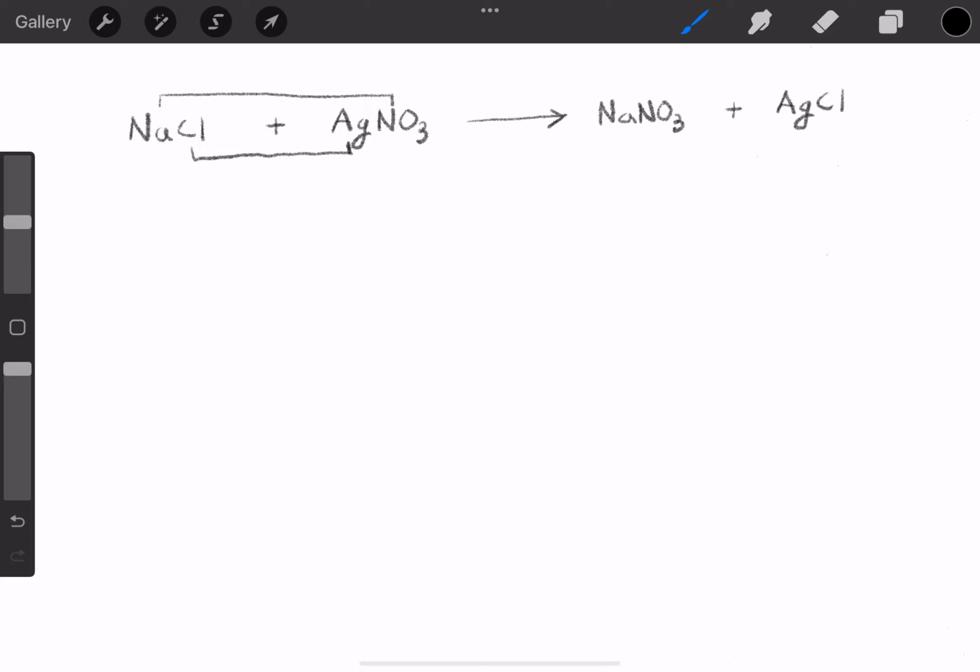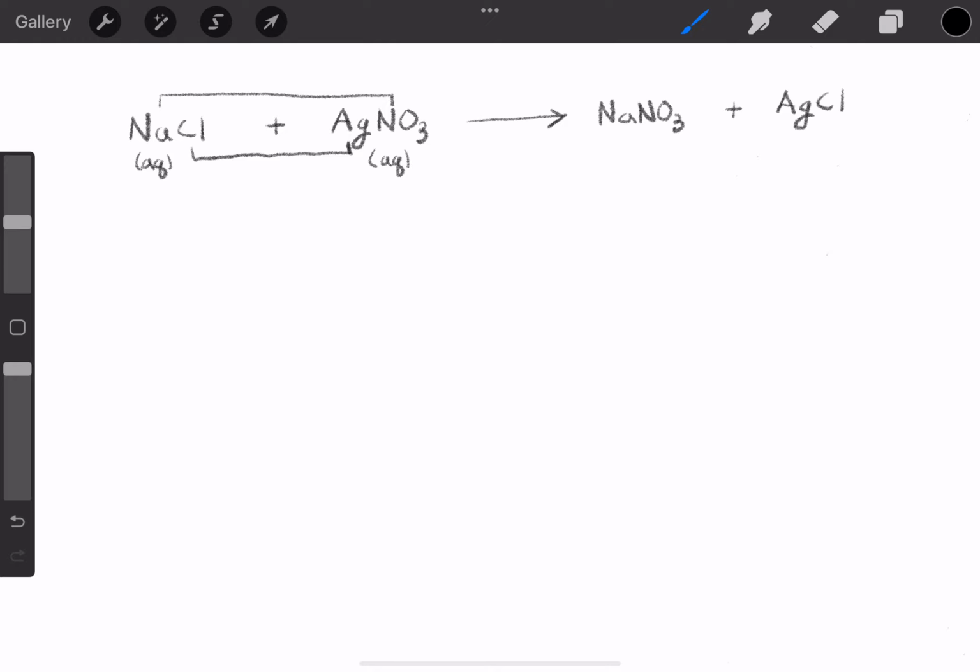Okay, so is this balanced? Sodium, one, nitrate, one, silver, one, chloride, one. So it's already balanced. So these are both soluble solutions. Remember, chloride salts are soluble usually with sodium, and then silver, all nitrate salts are soluble. So these will both be aqueous solutions.